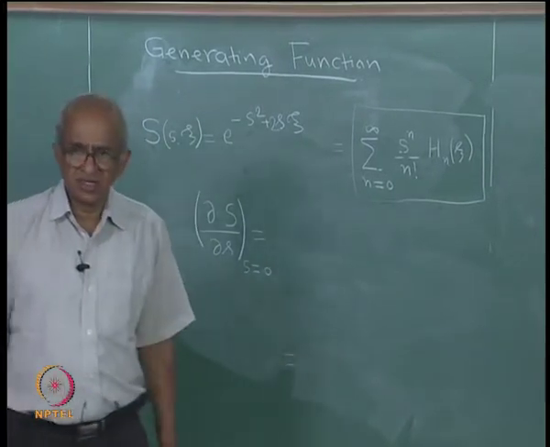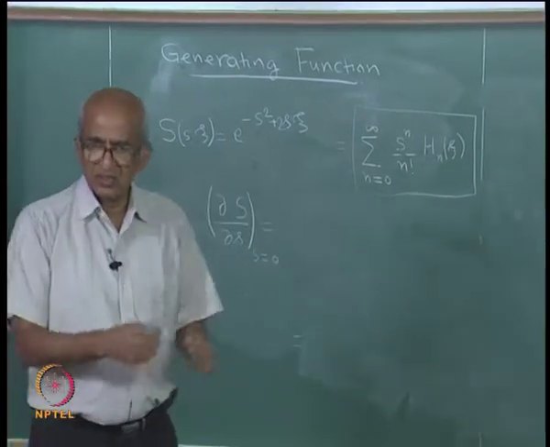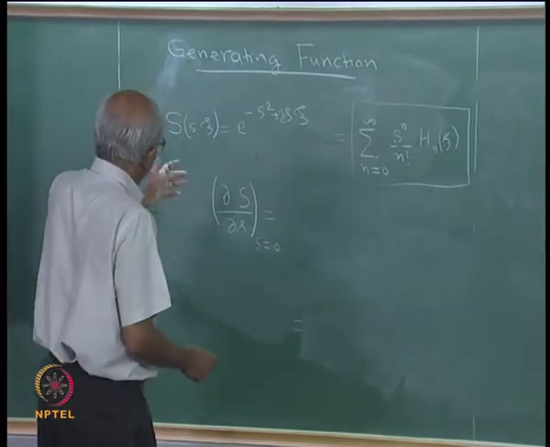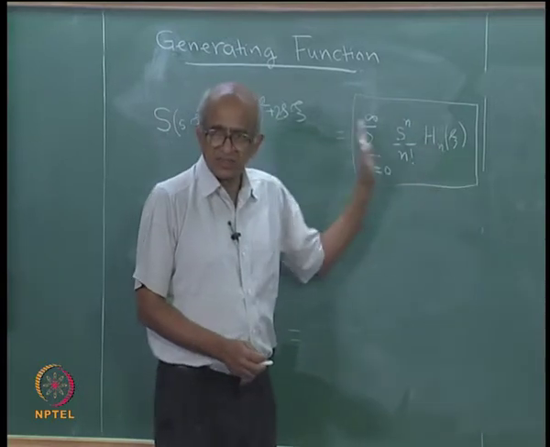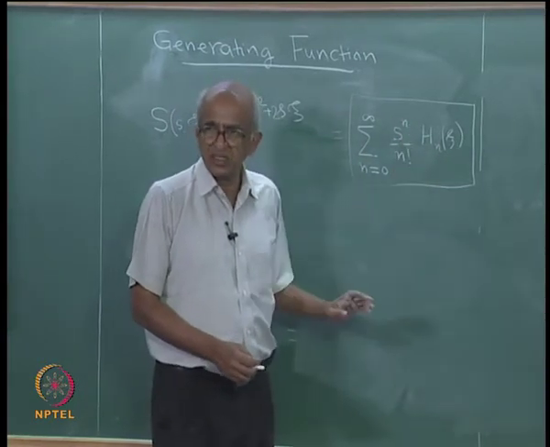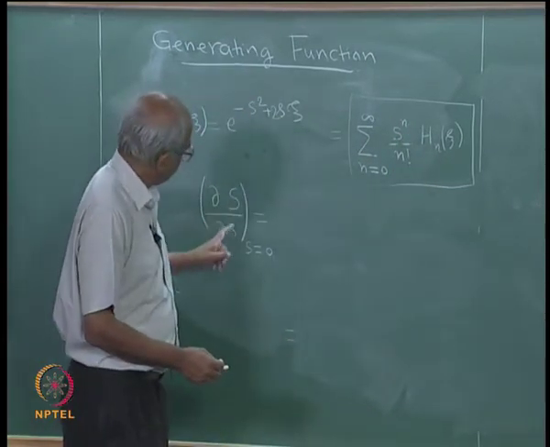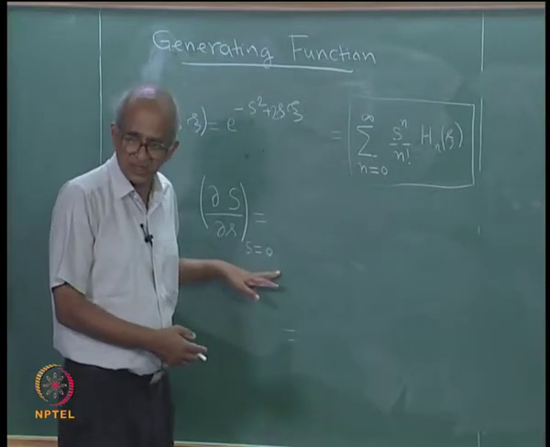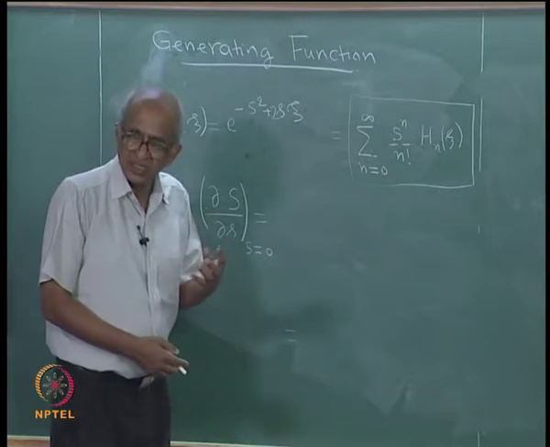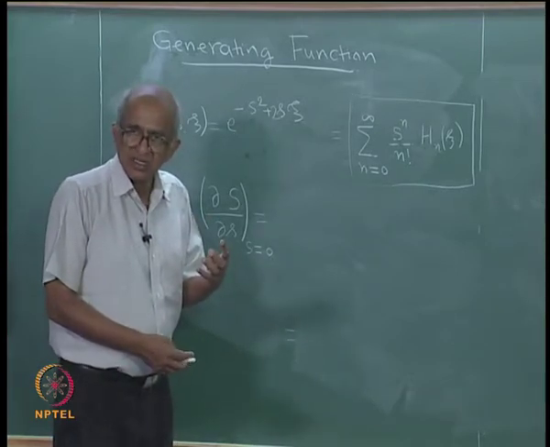What will be the answer? I suggest that you try this. If you differentiate partially with respect to s, use this right hand side, use this expression. After doing the differentiation, I will put s equal to 0. You can imagine what is going to happen.